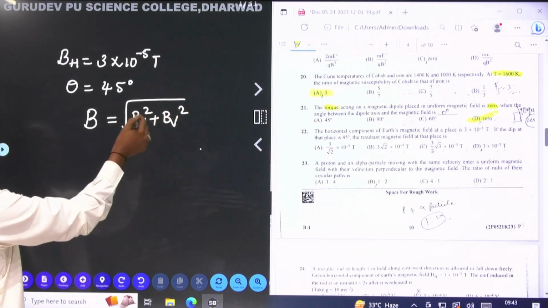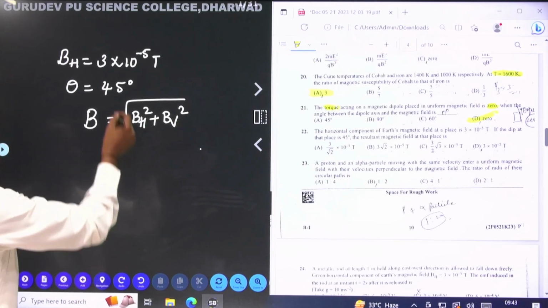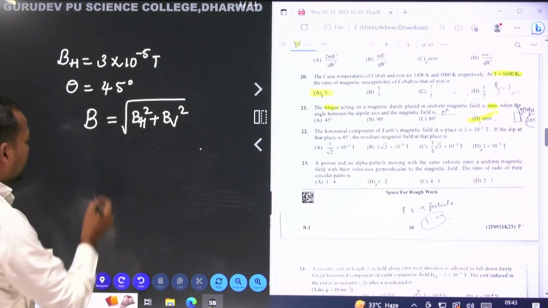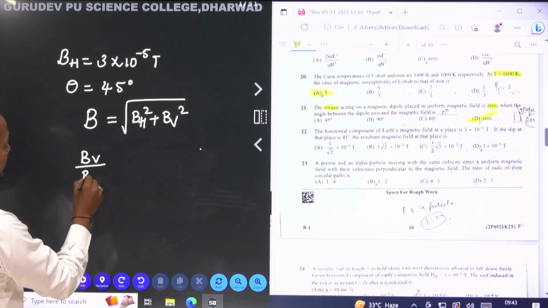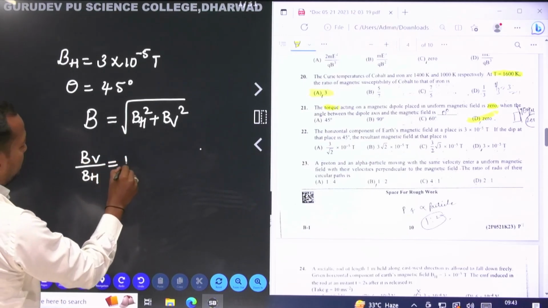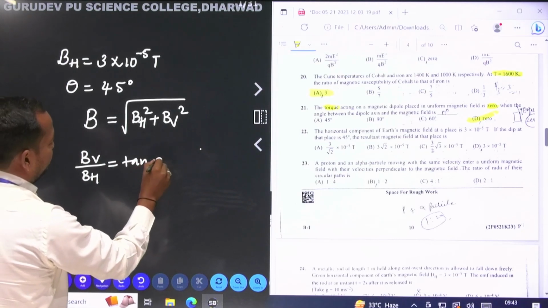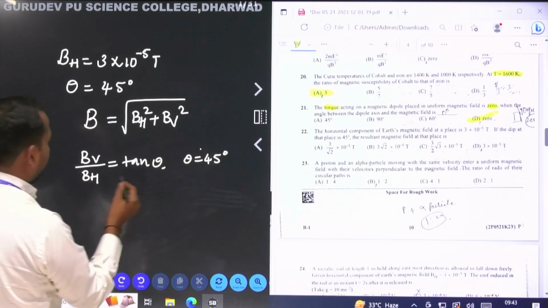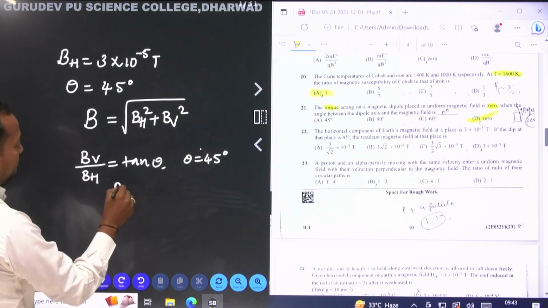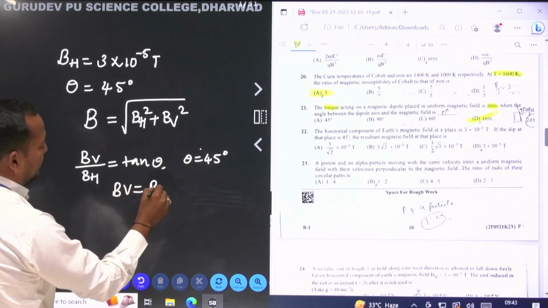Here I know BH, but I don't know BV. One hint they have given is theta equal to 45 degrees, and we know that BV by BH is equal to tan theta. If you substitute theta equal to 45 degrees, then BV is equal to BH.